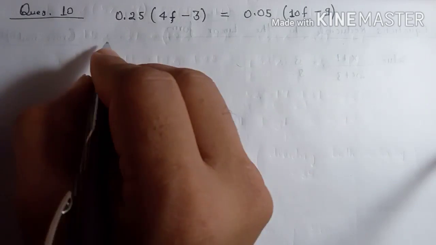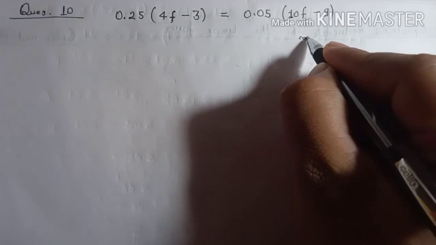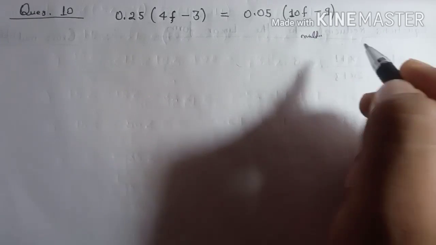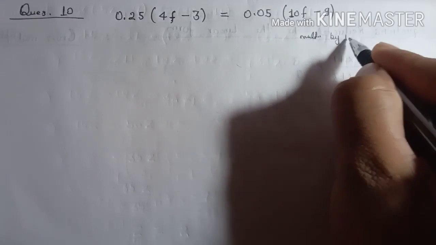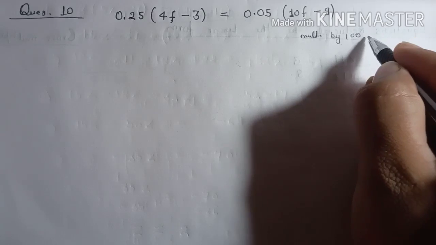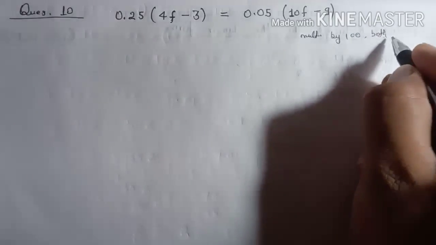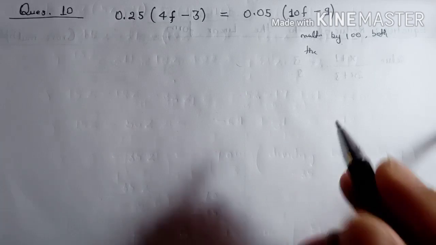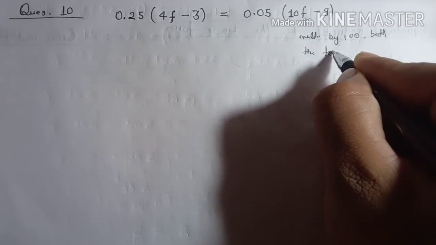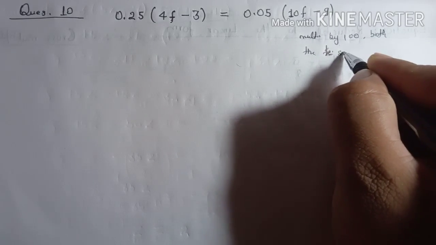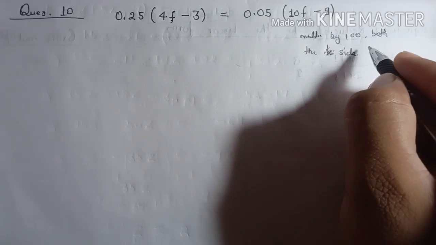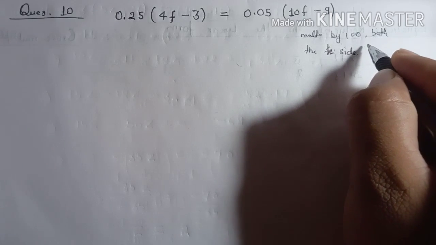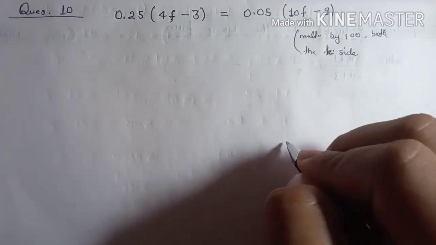So right here, multiplying both the sides by 100, what do we get?